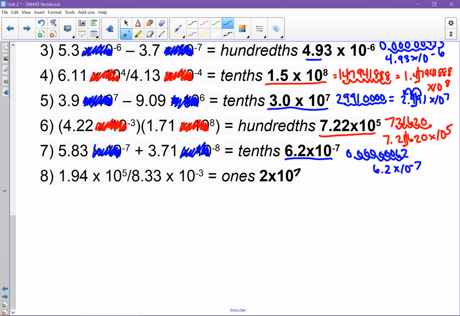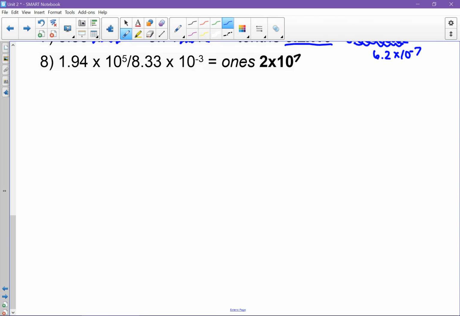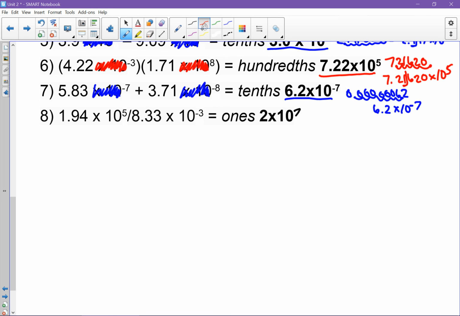Alright, last one. Alright, so put this in your calculator, 1.94 E5 divided by 8.33, don't push this, E negative 3. Calculator's going to say a big number, 23289315.73.